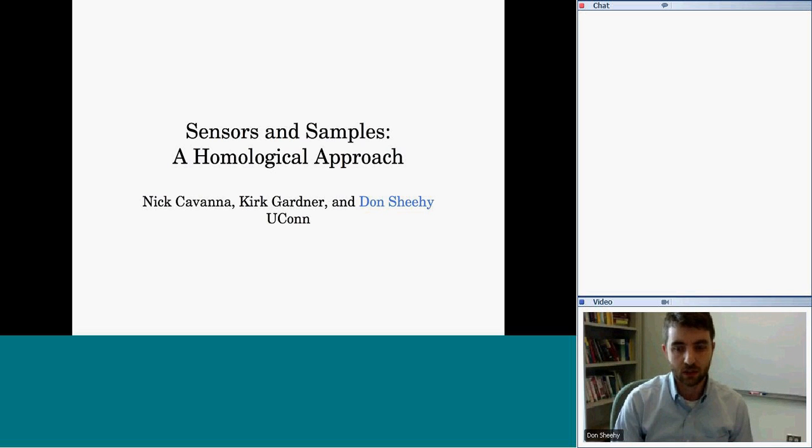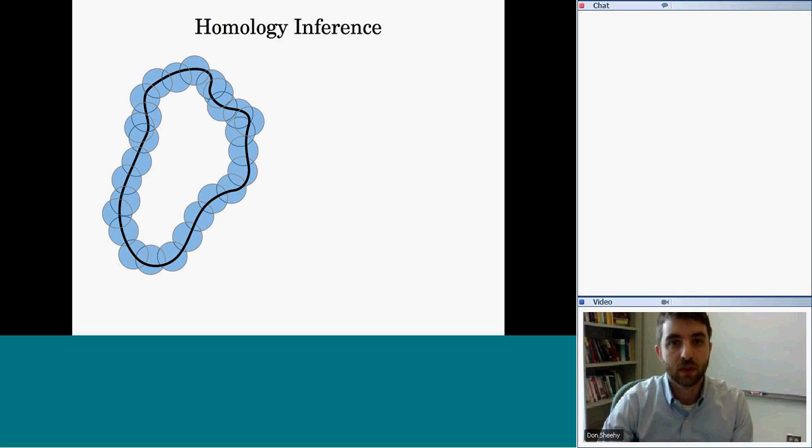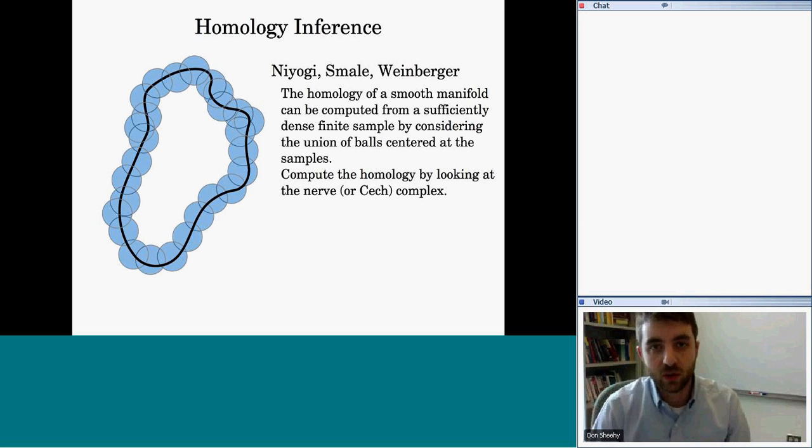back with this. This is Niyogi, Smale, and Weinberger on homology and inference. So you're probably familiar with this paper. They were looking at the problem where some submanifold of R^D gives just a finite point sample. Now, in general, this is very ill-posed.